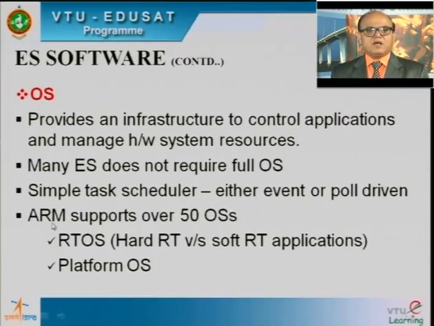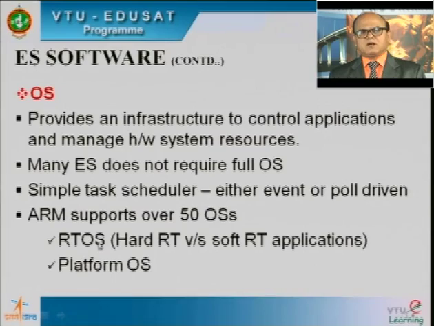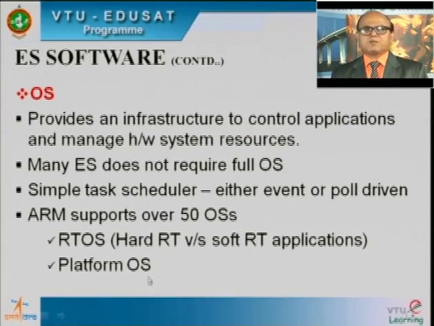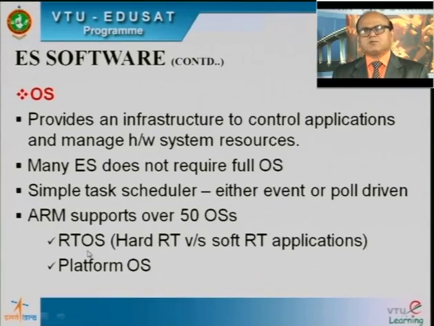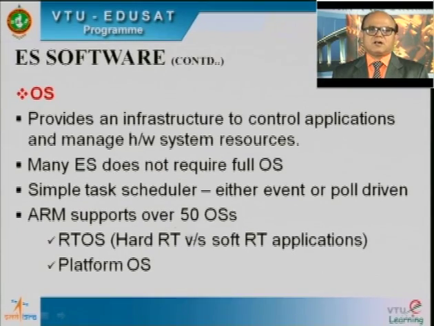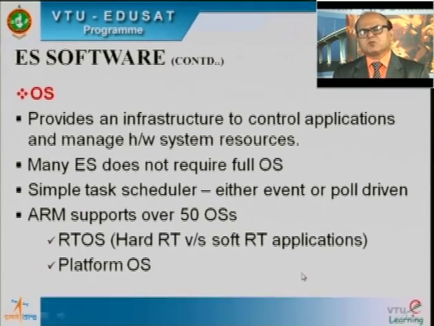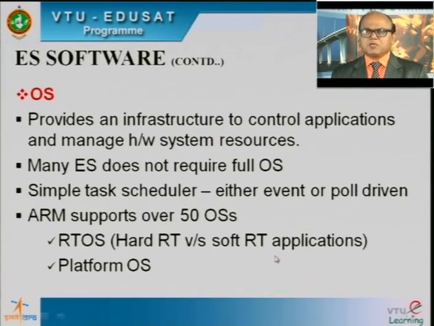The ARM embedded system supports more than 50 operating systems, which can be categorized into two types: real time operating systems or platform dependent operating systems. In the case of real time operating systems, we have hard real time versus soft real time applications. Depending on whether it is hard or soft real time, the design of the operating system will be different with respect to the embedded system.